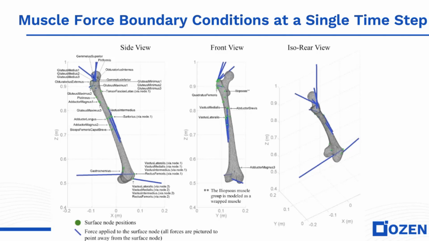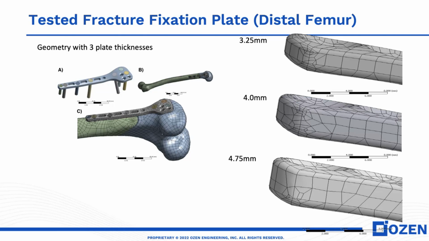As you see here in the finite element model, you have all these green dots which represent the muscle locations where they are attached to the bones. At those locations, we're applying forces as a function of time and as a function of X, Y, Z spatial location. And then we look at three different plate thicknesses.